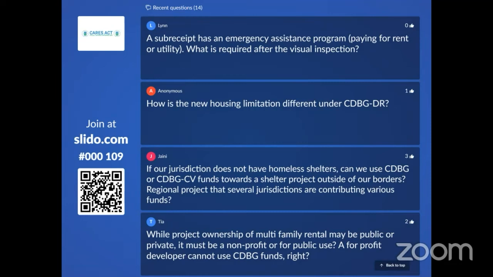Because, like I said, everybody's not going to need the assistance long enough to trigger the requirements. But if they do, after the visual inspection, then they're required to address it. And that's when you get into the Part 35 regulations to determine what needs to be done.